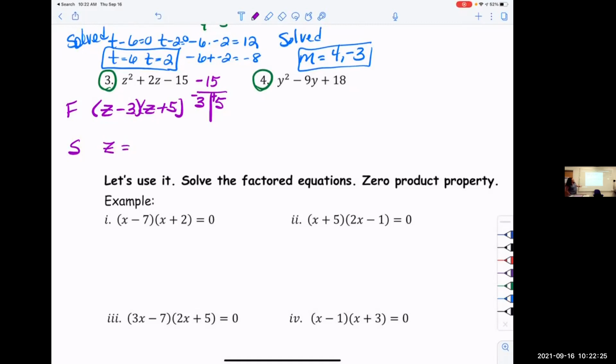All right, so now let's solve it. What can Z be? And -5. So there's our solution and there's our factors. Yes, that's not what I thought you were going to ask me. I thought you were going to ask me, does it matter which one of these comes first?